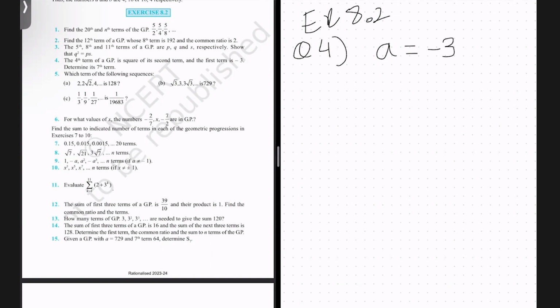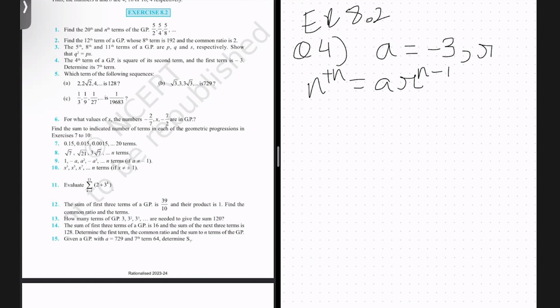Then we have that the fourth term of the GP is square of its second term. Now, if the first term is A, then the nth term of this particular GP would be denoted by A r raised to the power n-1. Let us say the common ratio of this GP is r, right?